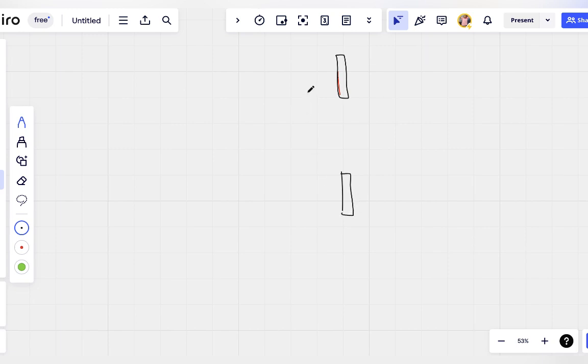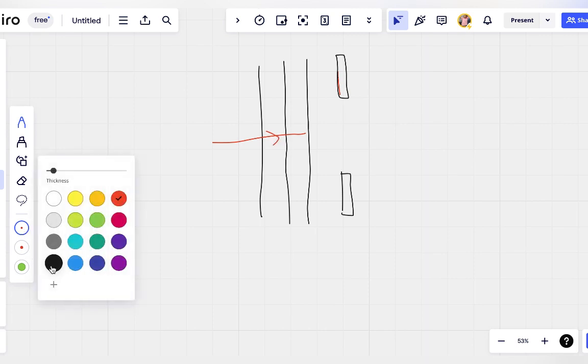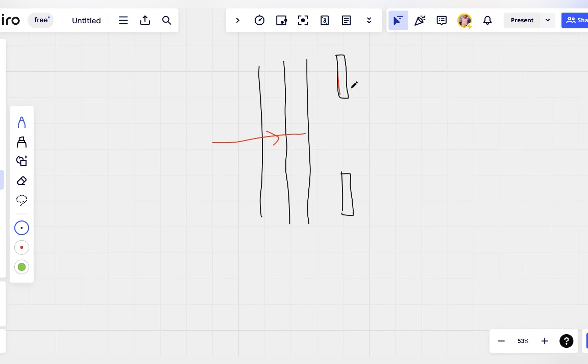Now these are the wavefronts, 3 wavefronts approaching this barrier. So what we have is something like this.